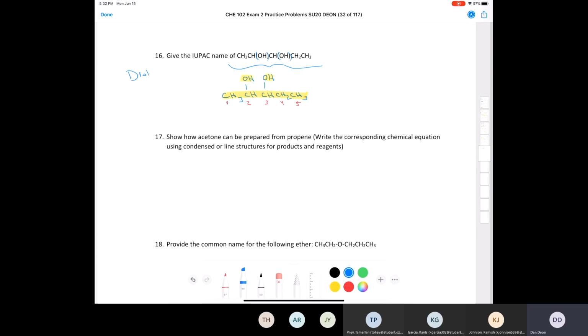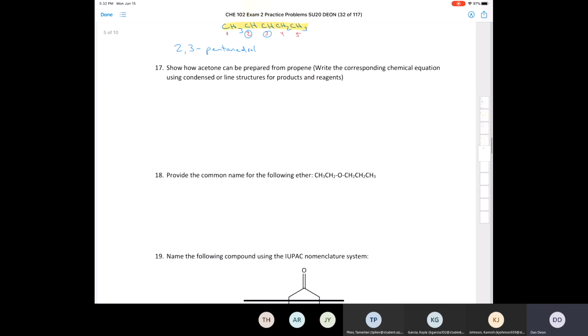And the way you would name this is you prefix pentanediol with the locants, the numbers of the two hydroxyl groups. So this would be 2,3-pentanediol, 2,3-pentanediol. Okay, good.